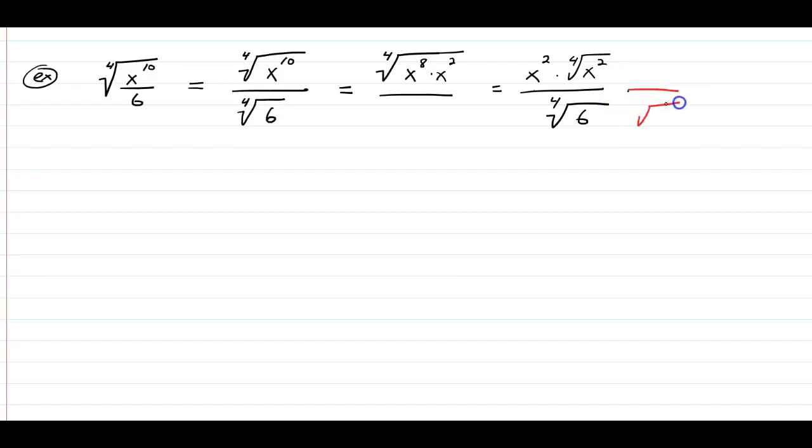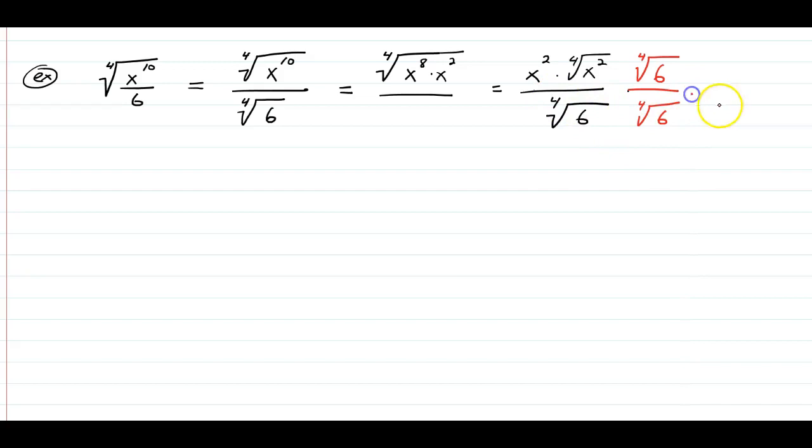But if we think about this now, if I multiply top and bottom by the fourth root of 6, on the inside here, that's only going to give me 6 squared. And I'm not going to be able to take the fourth root of 6 squared.